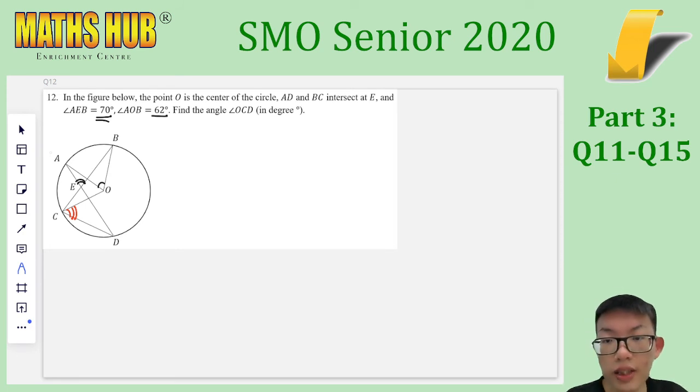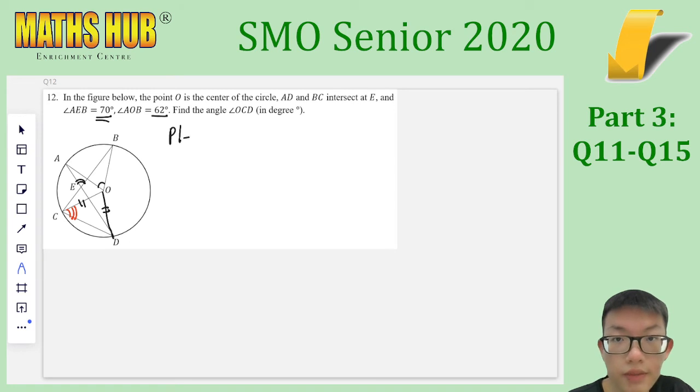So let's zoom in to angle OCD. The only thing special about angle OCD is that it is part of the triangle OCD, which is obviously going to be isosceles since O is the center of the circle. So that means that to find OCD in this isosceles triangle, here's my plan.